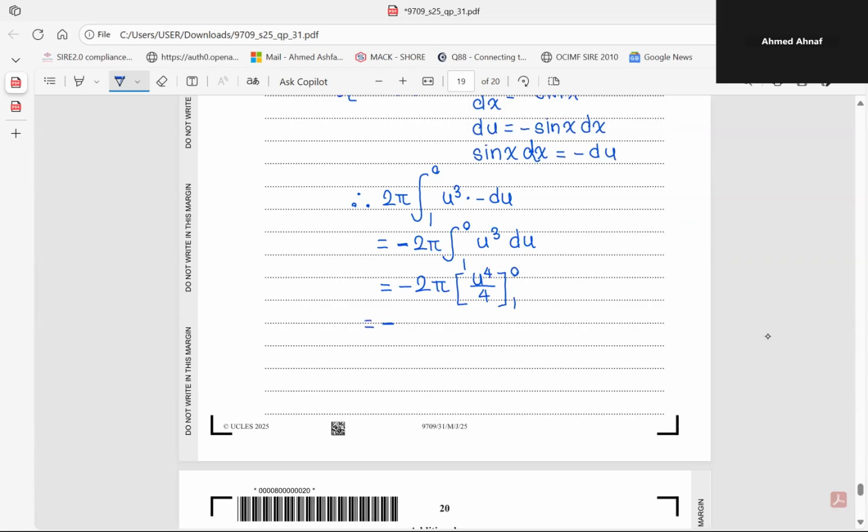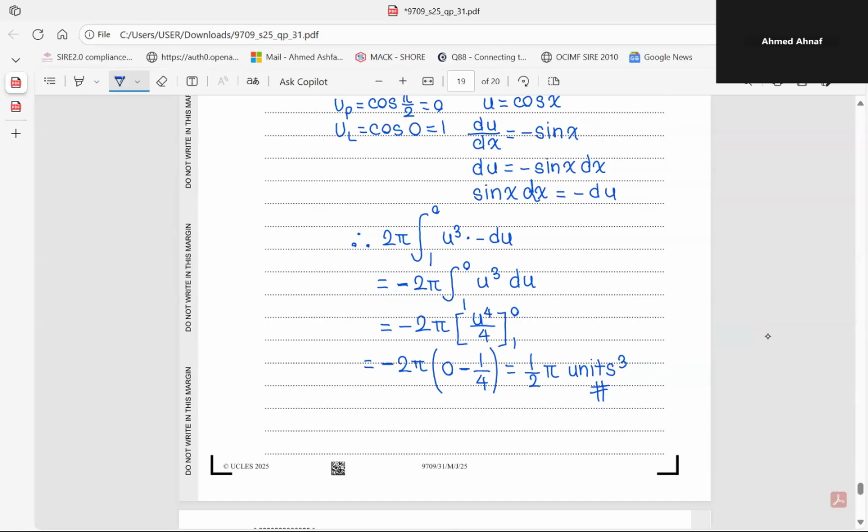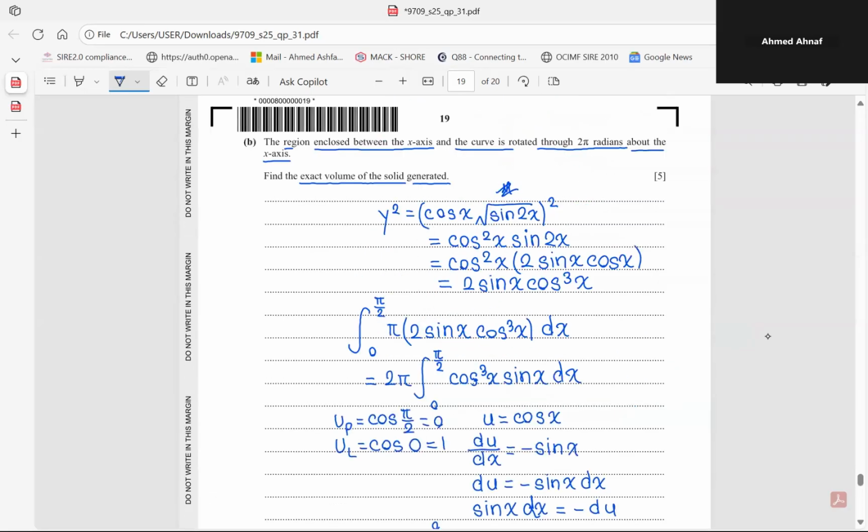So this would be minus 2 pi times (0 to the power of 4 over 4, that's 0, minus 1 to the power of 4 over 4, that's 1 over 4). Putting it into your calculator, you would get half pi units cubed. So this is our final answer for this question.